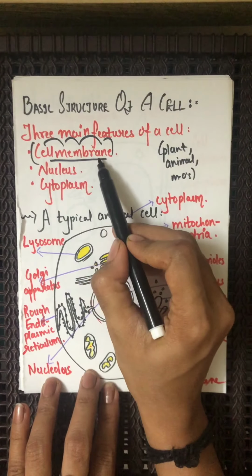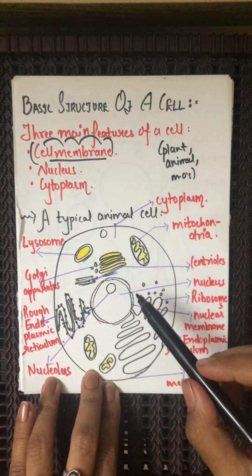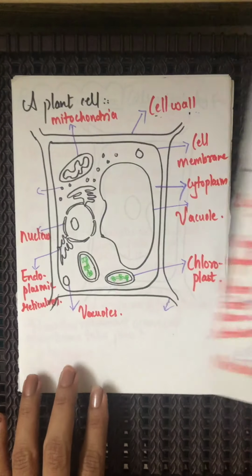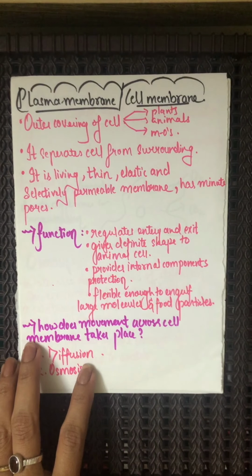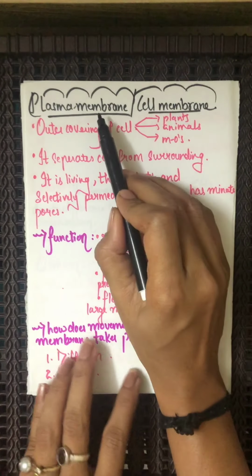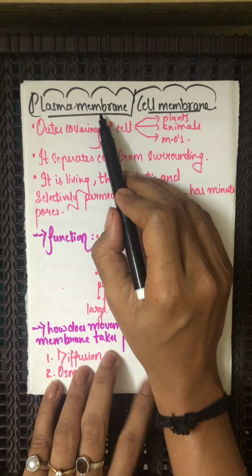Now, therefore, we shall first of all understand the cell membrane, and then we shall understand the basic features as well as all the organelles which are present inside the cell. So we shall first of all start with the cell membrane, which is also termed to be as the plasma membrane. Why is it termed as plasma membrane?